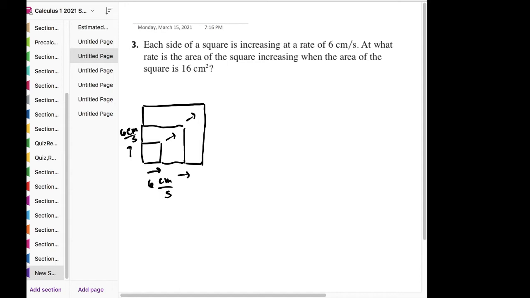Right. If one side was increasing faster, then you get a rectangle. So each side is increasing at the same rate.